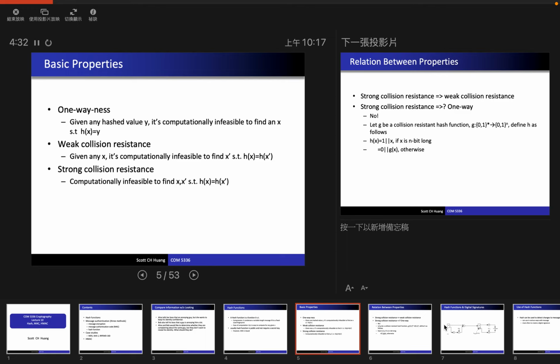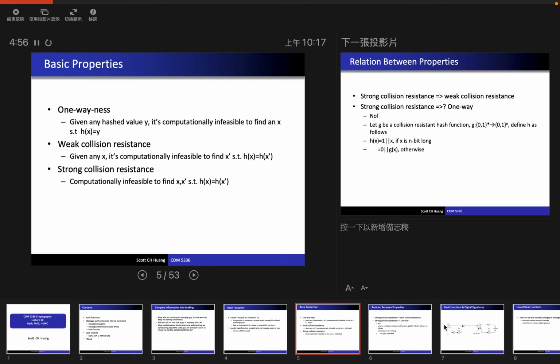Strong collision resistance is defined as: it is computationally infeasible to find any collision, without any restrictions at all. If you just look at the definitions, you may not be clear why this is strong and this is weak, and it takes some time to digest.